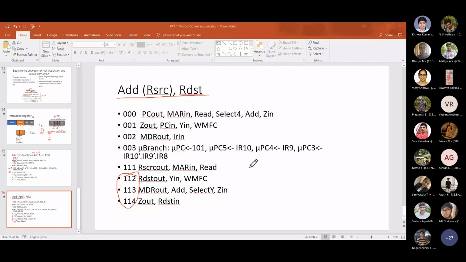Then you branch off to 171 where the MDR content is written into Y, so that the next two operations will be common. That is the only difference.